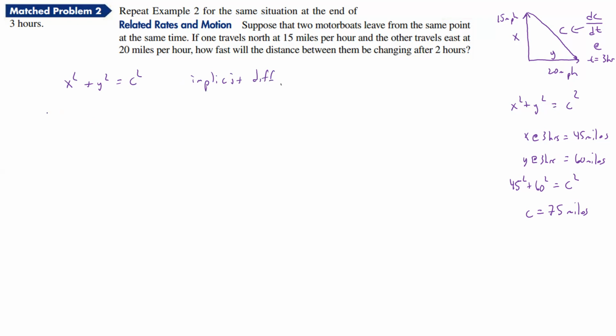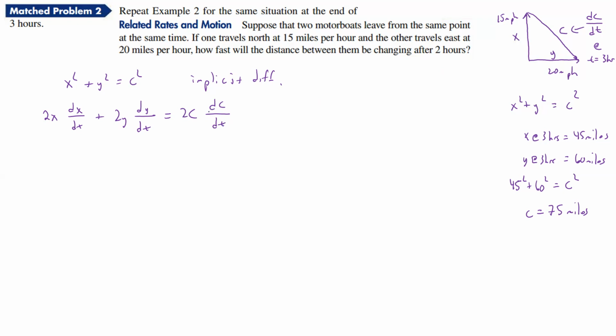That's going to give us 2x dx dt plus 2y dy dt equals, now this one is a variable at this point in time, so it's going to be 2c dc dt. And a key here is dc dt is what we're looking for, so we really have to have that as a variable, not as a number.